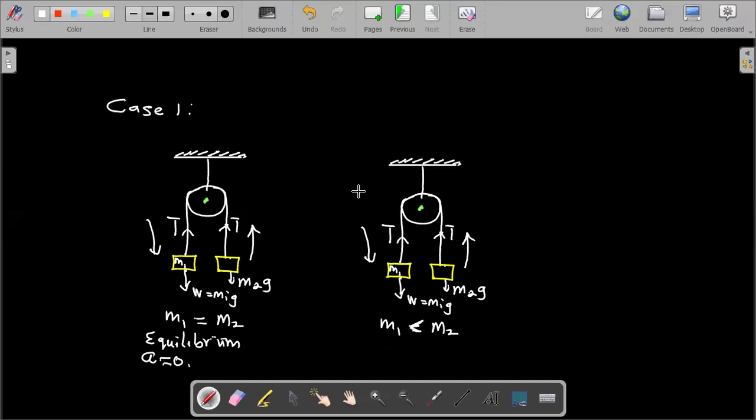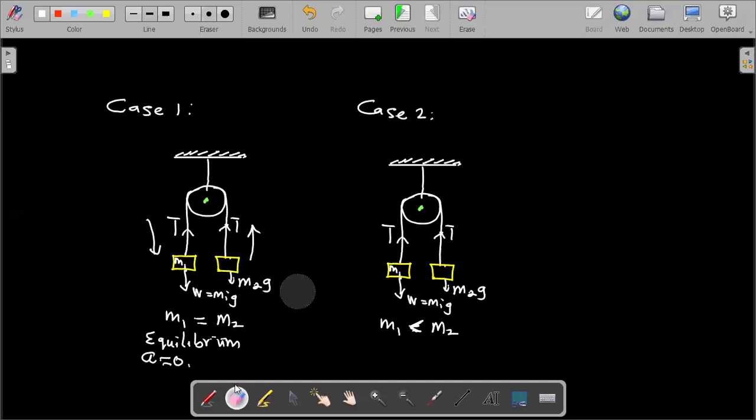If M1 is less than M2, for example, let's say M2 is about 10 kg, while M1 is about 4 kg, then we are going to experience an acceleration towards M2.